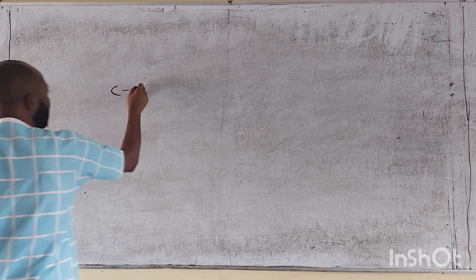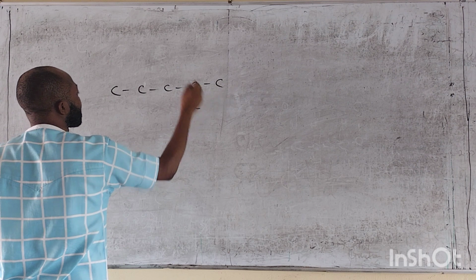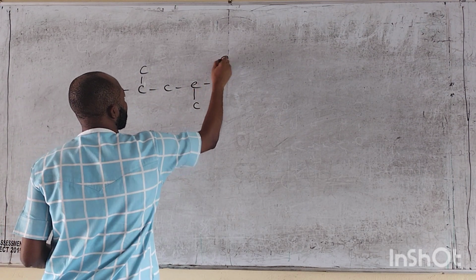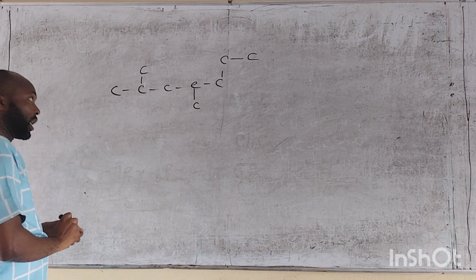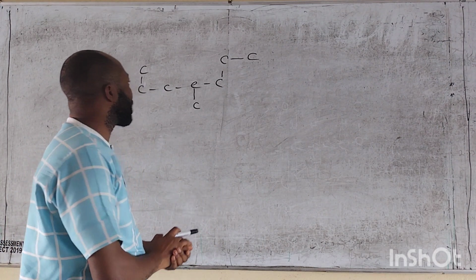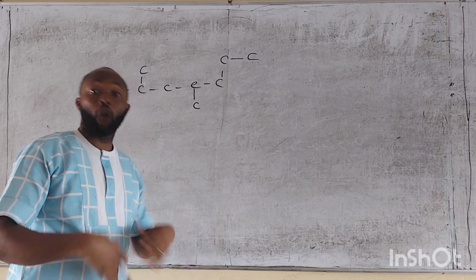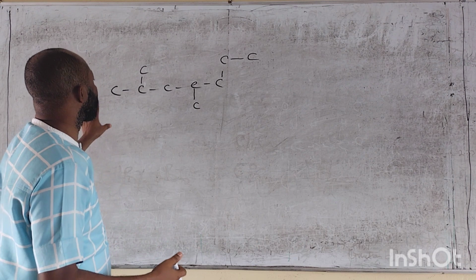If I have this, let's call this the compound given. The first thing we have to do is to identify the parent chain. The parent chain is often the longest chain. So how do we do that? You begin to check.